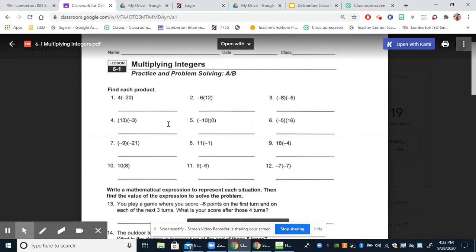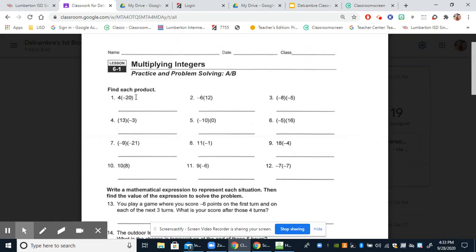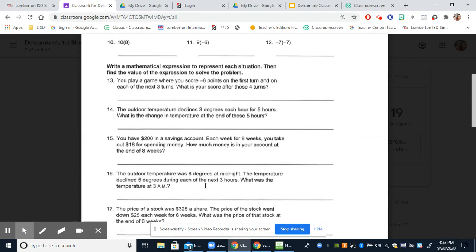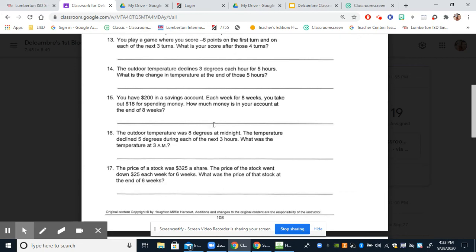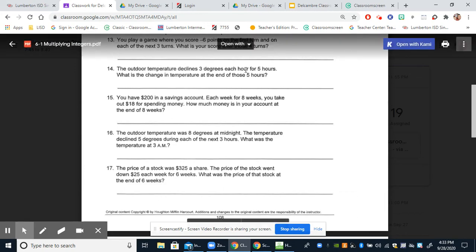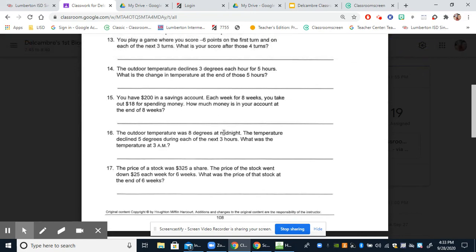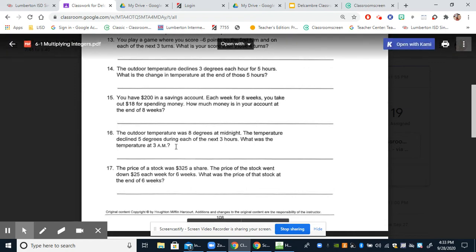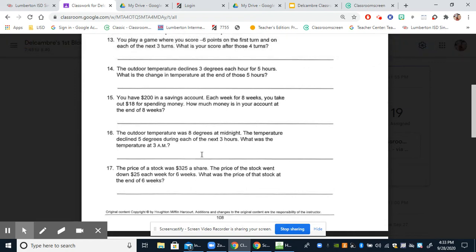I think 8 or 9 are basic math facts that should just come to you automatically. 13 through 17 are word problems. As you see, there's the phrase 3 degrees each hour. You see that key word that I was talking about, each, that we were going to be multiplying with. So pay close attention with that.